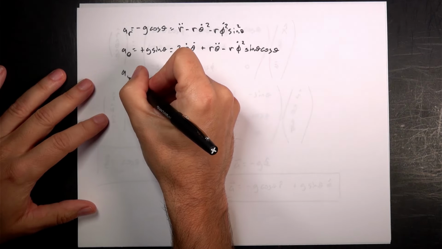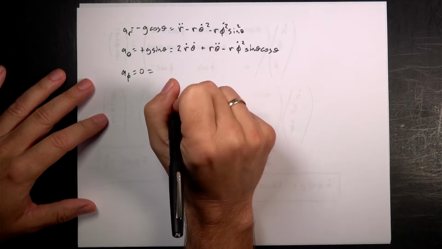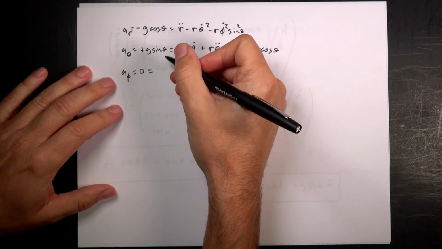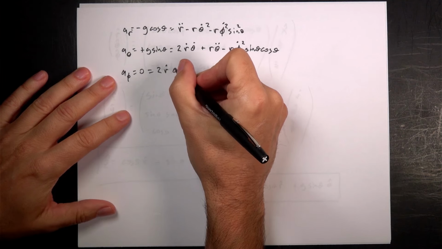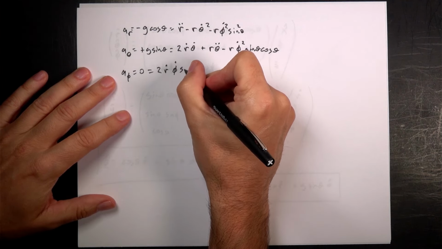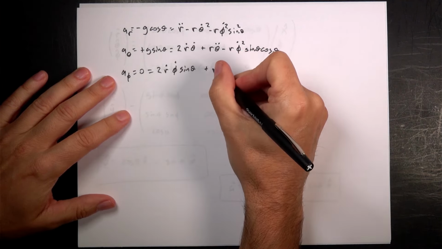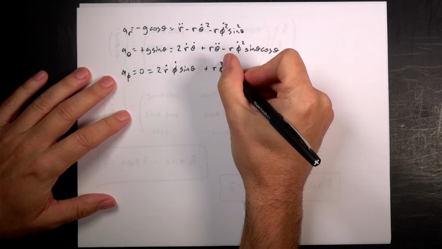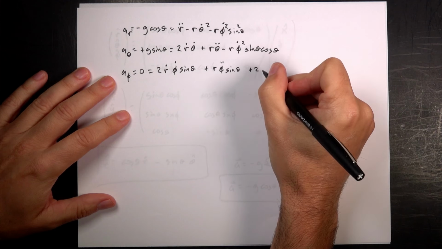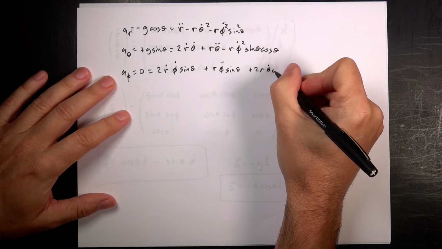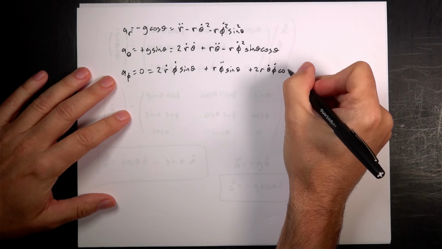And then finally I can say a_phi is equal to 0, and that's going to be equal to 2 r dot phi dot sine theta plus r phi double dot sine theta plus 2 r theta dot phi dot cosine theta.